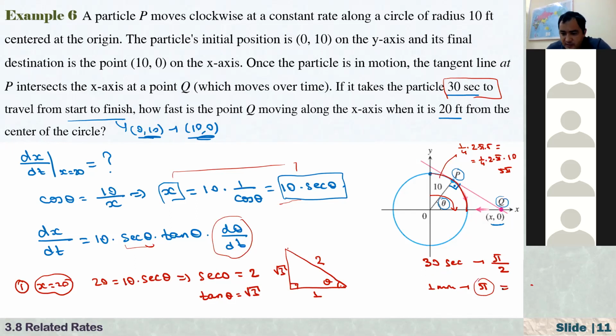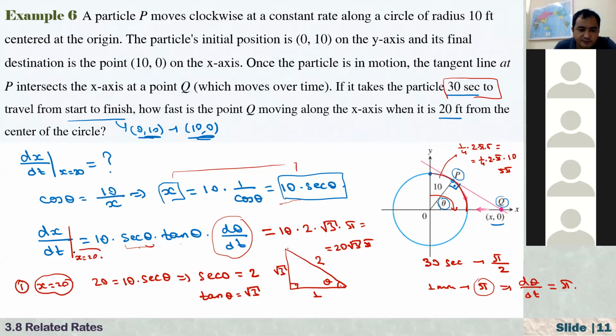So that is d theta/dt, per unit of time, that's equal to pi. Now if I substitute here, it is 10 times secant of theta, that's 2, times tangent of theta, that's square root of 3, times d theta/dt, that's pi, which is equal to 20 square root of 3 pi, at that instant when x equals 20.